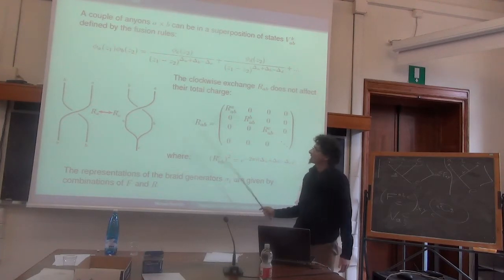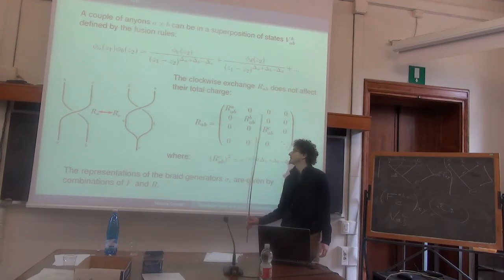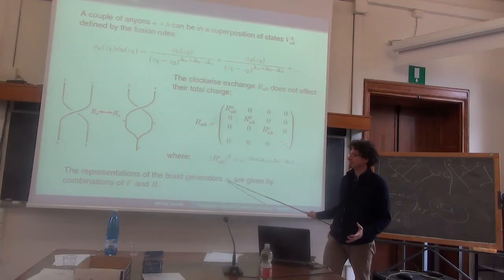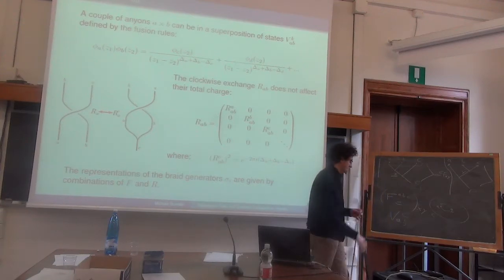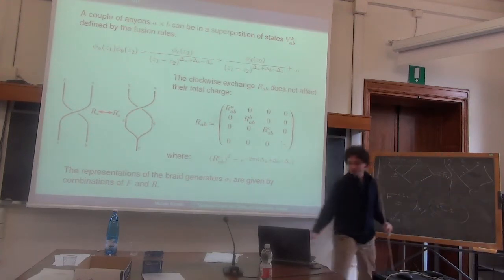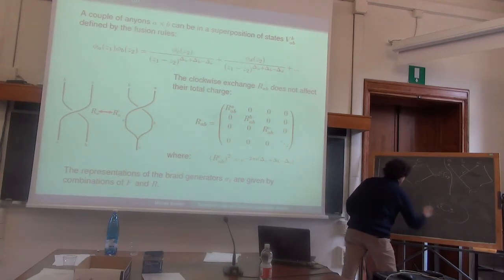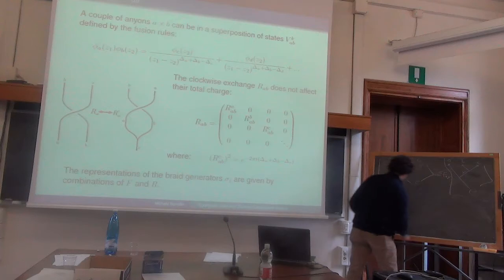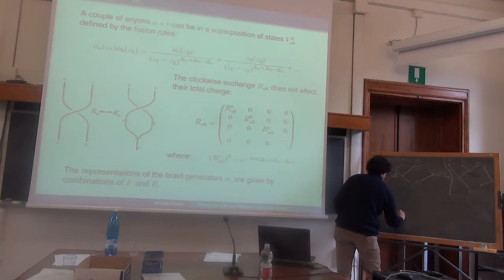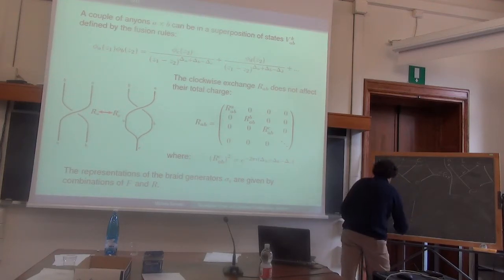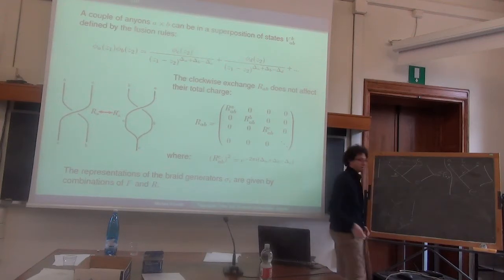However, it is not enough to have a representation in this diagonal basis if we want to represent different braid generators of different particles. And as I told you, the main characteristic of the non-abelian anyons is that two processes, in which I exchange A and B, and then one in which I exchange B and C without touching A, of course, these two objects do not commute.